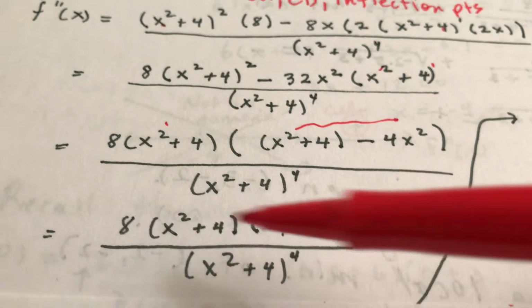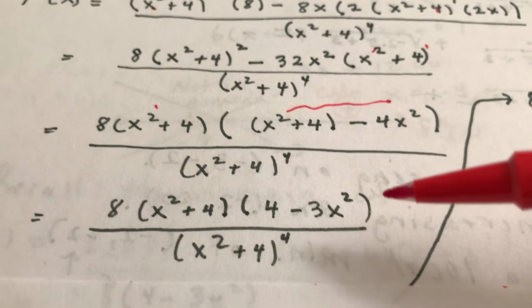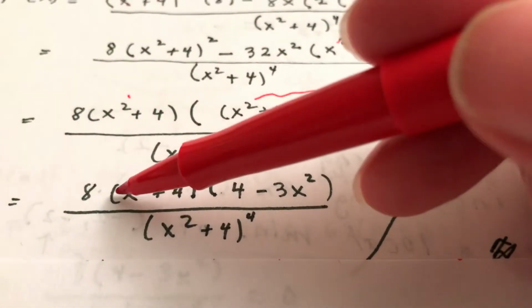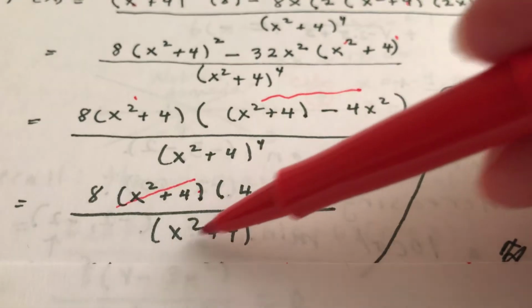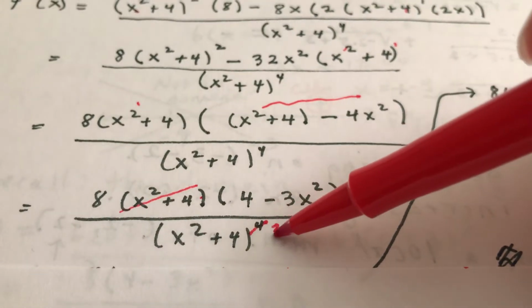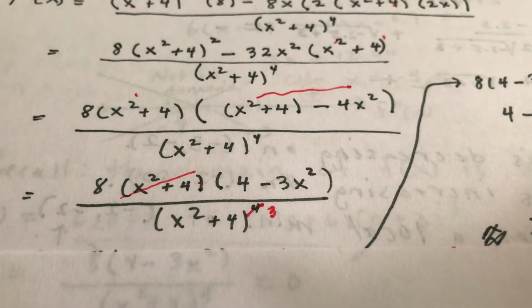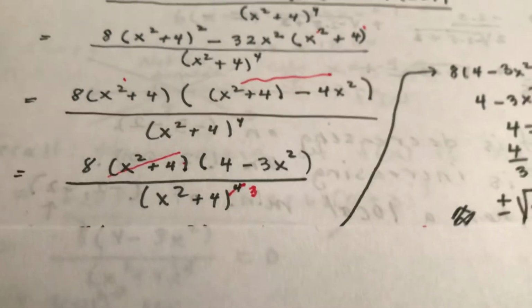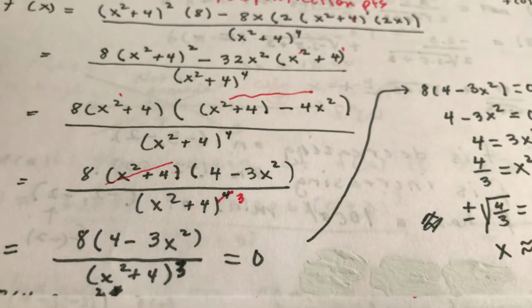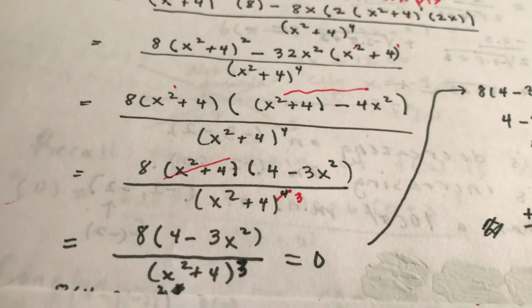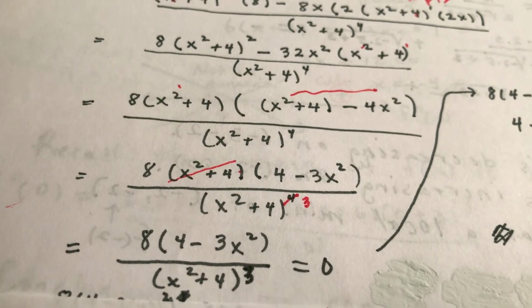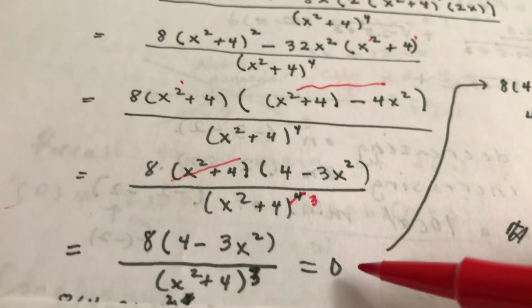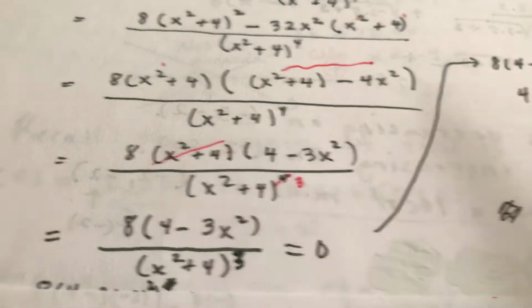And now everything's factored on top. That's pretty useful. And also look, this and this would reduce. And now I have 8 times parenthesis 4 minus 3x squared, over x squared plus 4 to the cube. Now I set it equal to 0, and as I said before, you set the top equal to 0 and the bottom equal to 0.